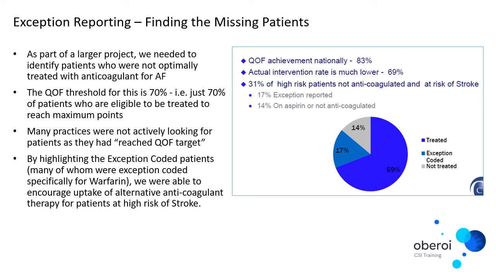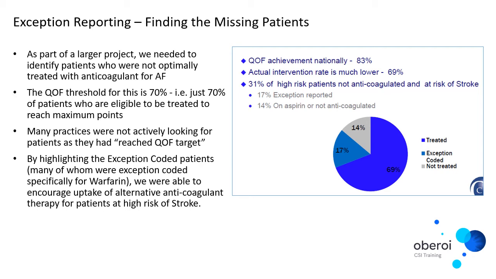When you look at the data, you can see that the QOF achievement nationally looked good at 83%, but the actual intervention rate, meaning the number of patients not taking account of those exception reported ones, was much lower at just 69%. Leaving a total of 31% of high-risk patients not anticoagulated and at risk of stroke.